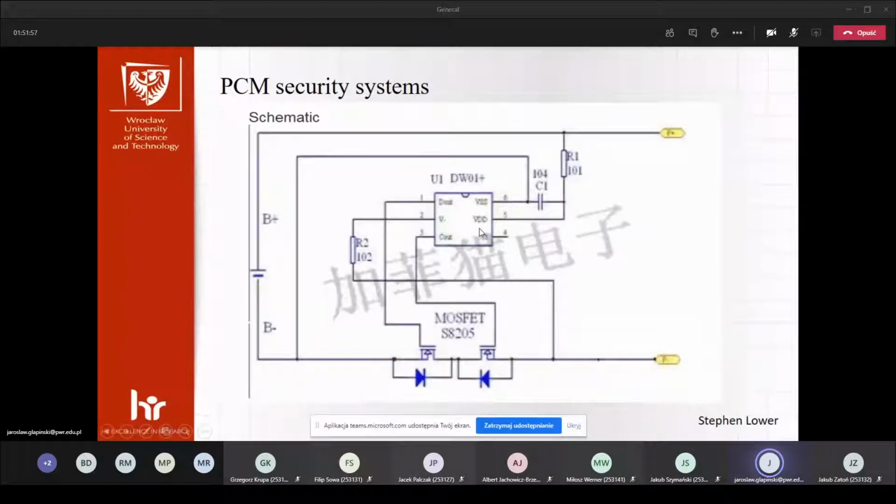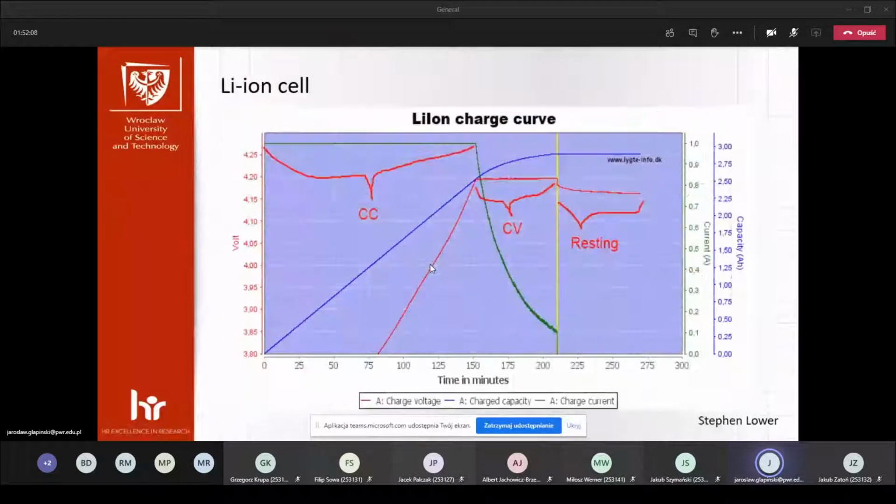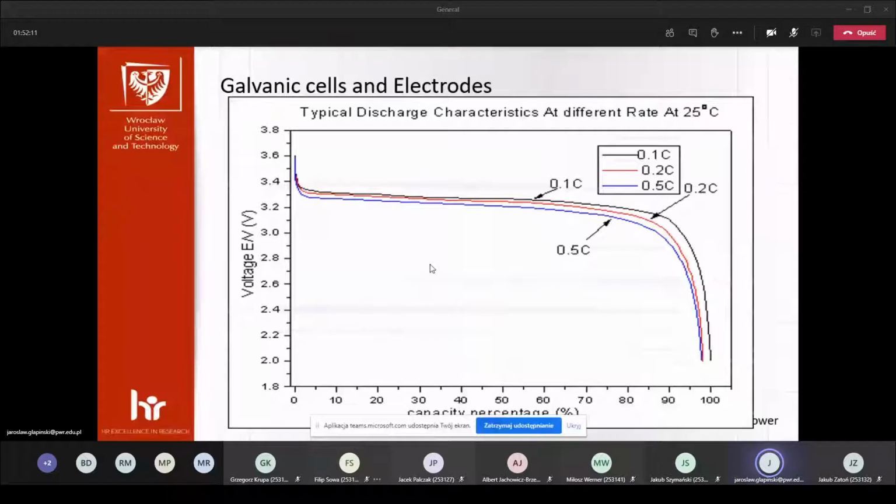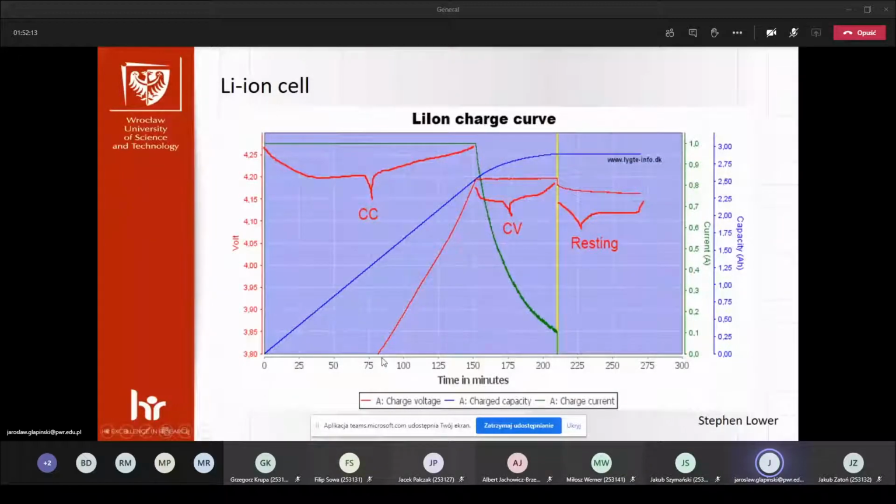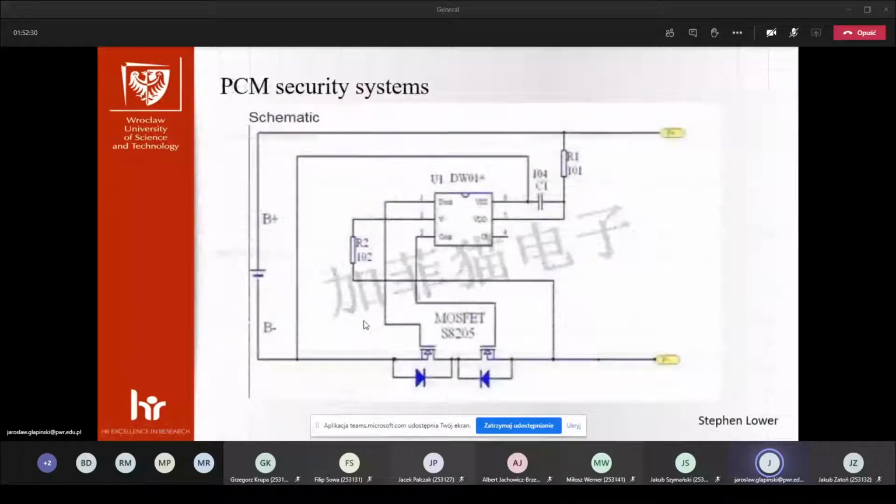In this case we are checking if the voltage is okay. On one hand, we can't go below 2.4, and on the other hand, we can't go up to 4.2 volts. So this circuit prevents low and high voltages, so undervoltage and overvoltage, and also sometimes overcurrent.